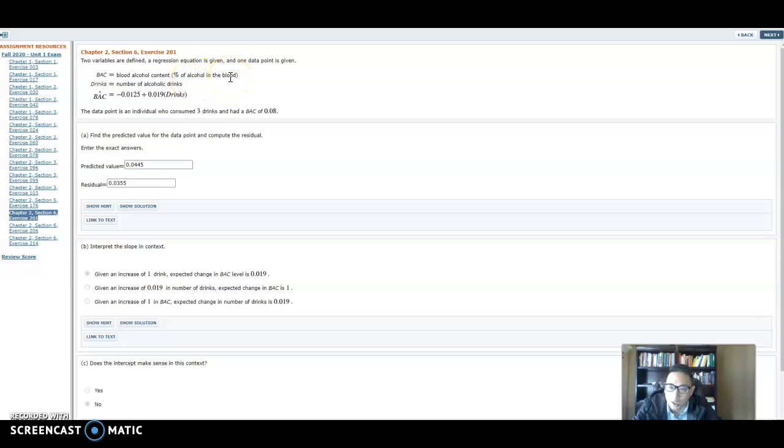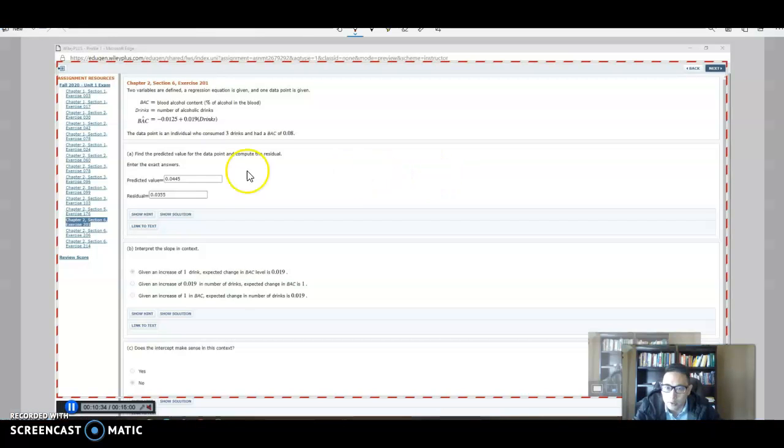So if you drink any alcohol, if you drive, and you get caught by the cops, the machine they use measures that BAC, the percentage of alcohol in your blood, and you cannot get over 0.08, which is 8% of your blood. So that's how they determine if you are drunk or not.